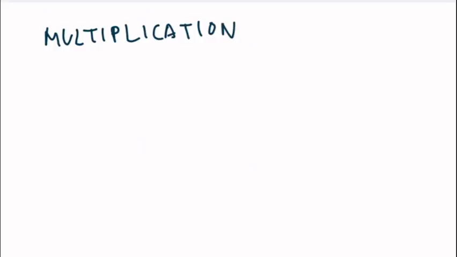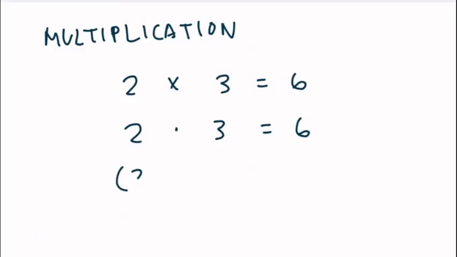So let's get into multiplication first. When you're multiplying, there may be different signs that you see when people are doing multiplication. These are just a few of the connotations that you can use for multiplication. First is like the X sign. There's also a dot that you can use, and then parentheses.